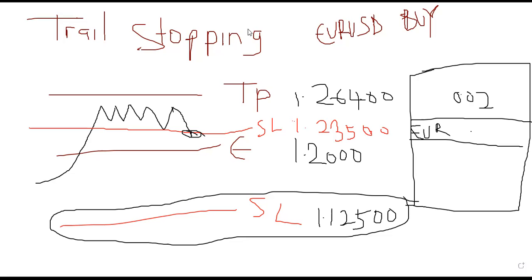Swing trading is when probably you have a signal. That signal is Euro USD, and it is buy stop at 1.23500.